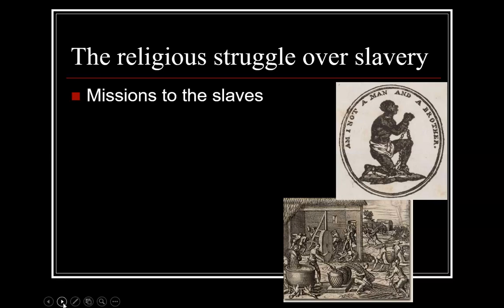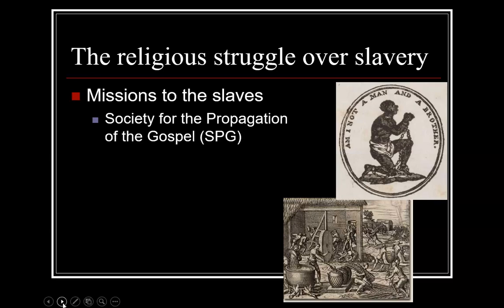And we've already seen some of this. Well, one of the efforts that was made, particularly we're talking about Anglo-American efforts, Protestantism, Anglicanism predominantly, was the development of the Society for the Propagation of the Gospel, particularly the Society for the Propagation of the Gospel in Foreign Parts.